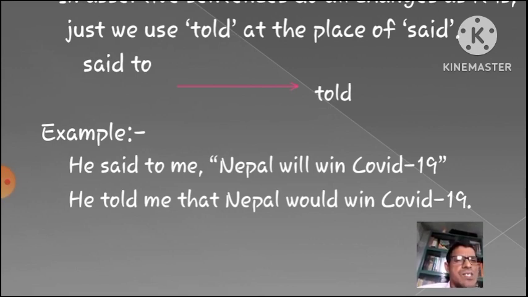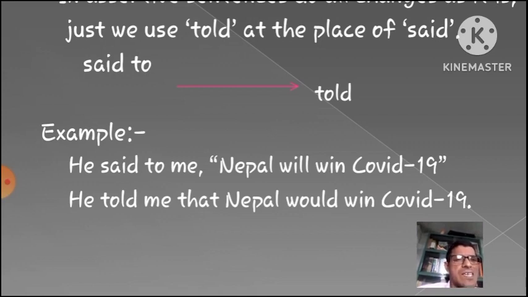Changing this sentence into indirect speech, as I have just said, said to can be changed into told. That's why its indirect speech becomes: He told me that Nepal would win COVID-19. In this example, you are seeing that said to is changed into told.